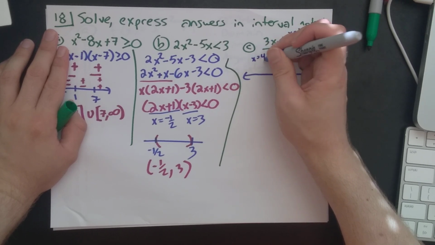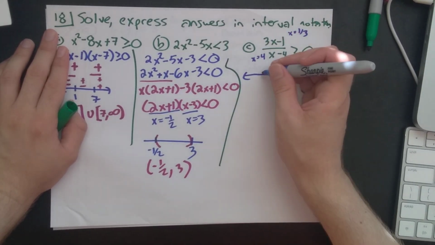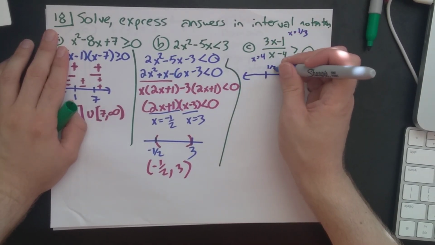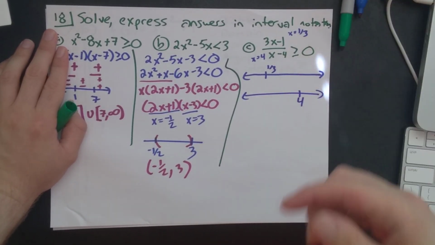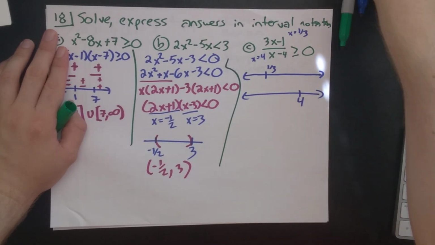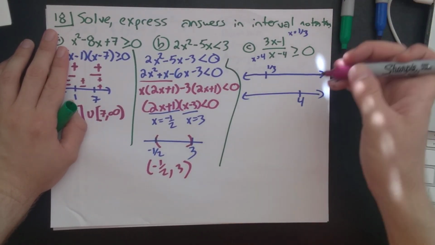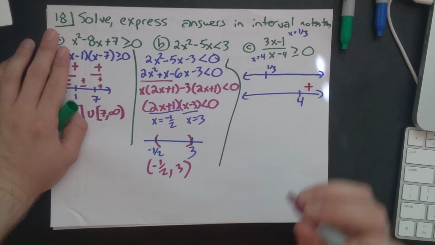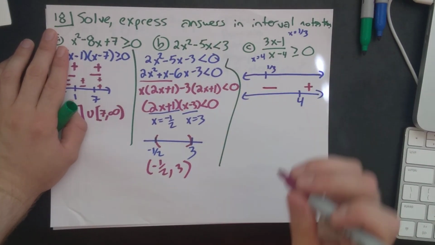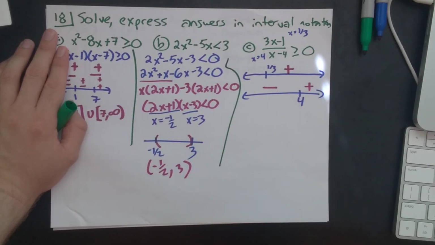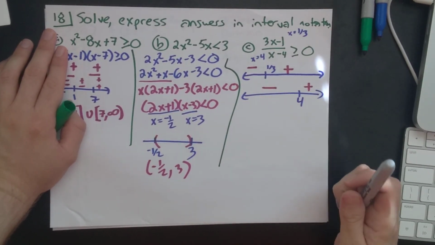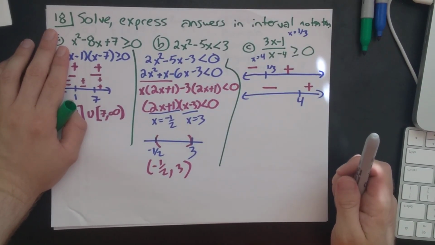The denominator is 0 when x is equal to 4. So the denominator is going to be positive if x is greater than 4. It's going to be negative if x is less than 4. The numerator is positive if x is greater than 1/3, and negative if x is less than 1/3.